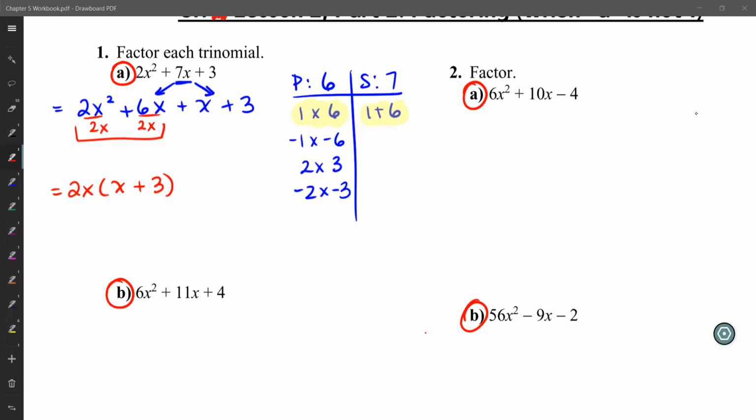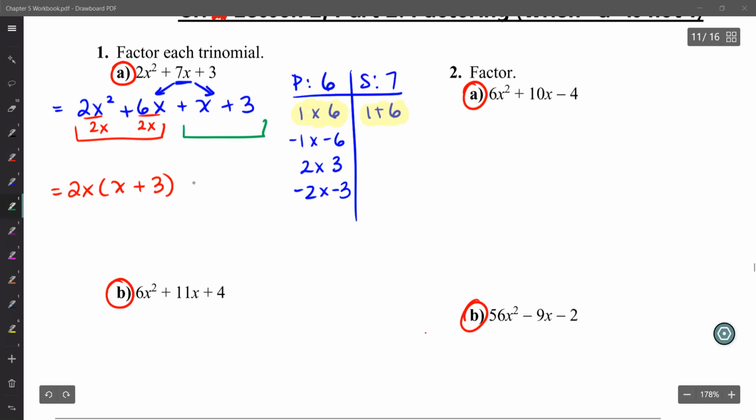And then from the second group, what do I common factor when I just have an x and a 3? We usually don't common factor anything when there's not anything common. But when we factor by grouping like this, we actually have to factor something from here. Is it 1? It is 1. So we will take out a positive 1.